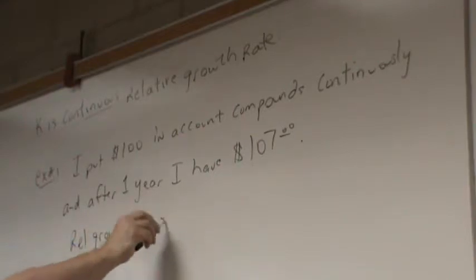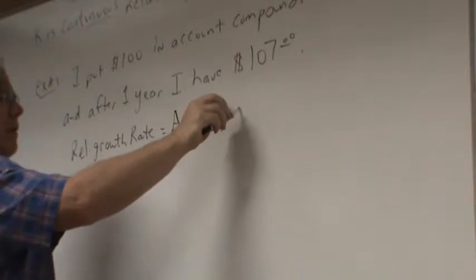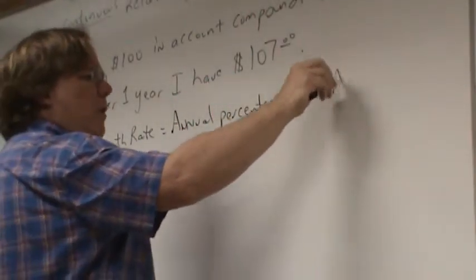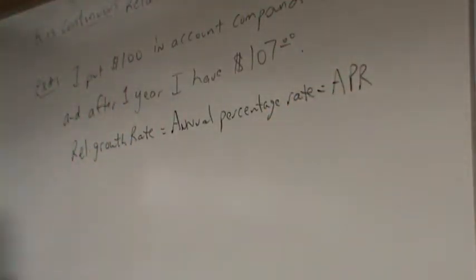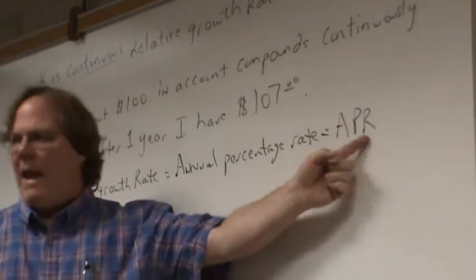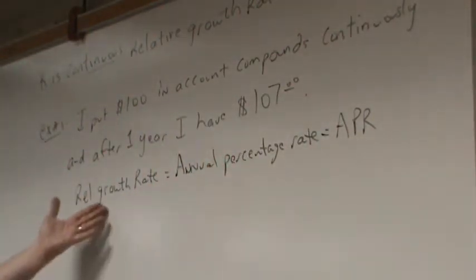In America, we call this the annual percentage rate, which we abbreviate APR. Banks that are loaning money or companies asking you to buy a car and pay for it on time will always quote the APR, meaning the annual percentage rate.